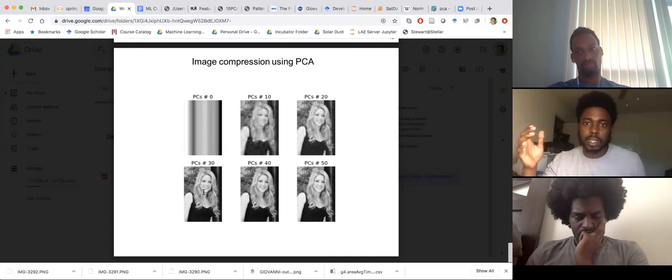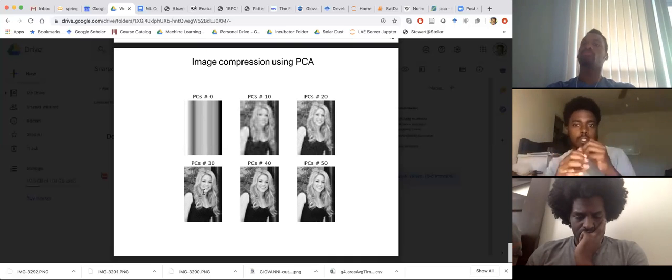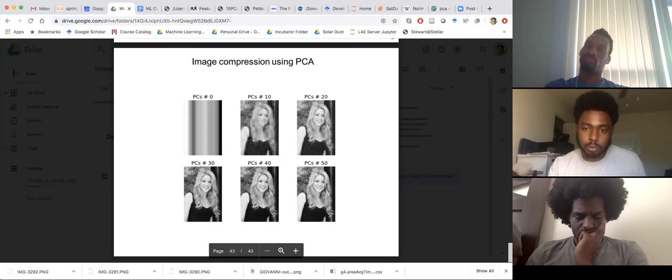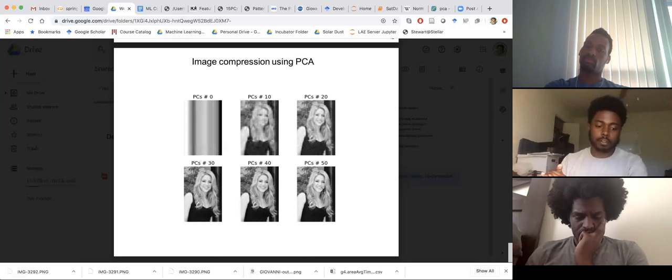How can we capture the information of the image in as small a representation as possible? What you could do is use PCA and say, I'm just going to take my 50 most important dimensions. By doing that, you're able to reconstruct the image pretty well without all those other, less important dimensions.